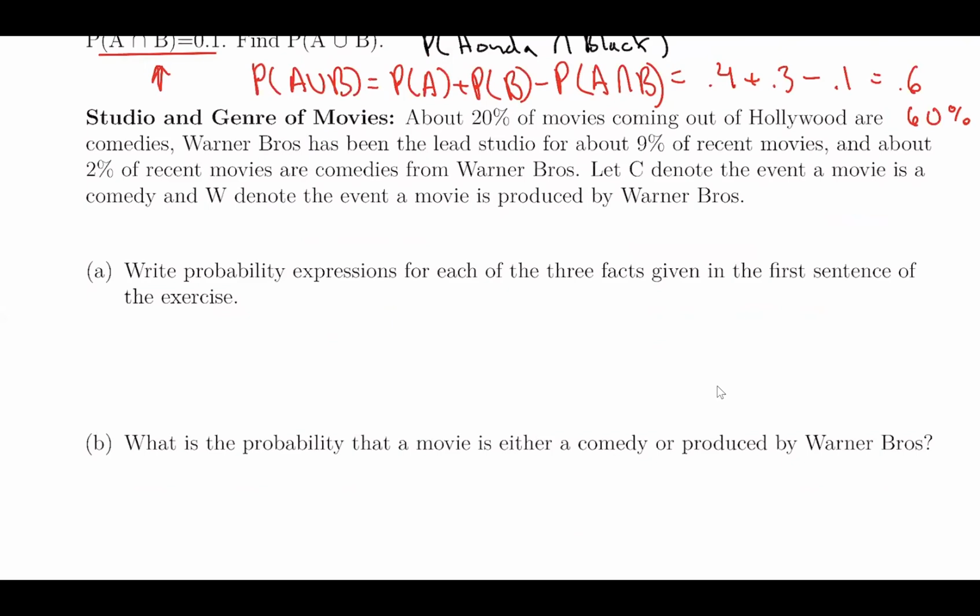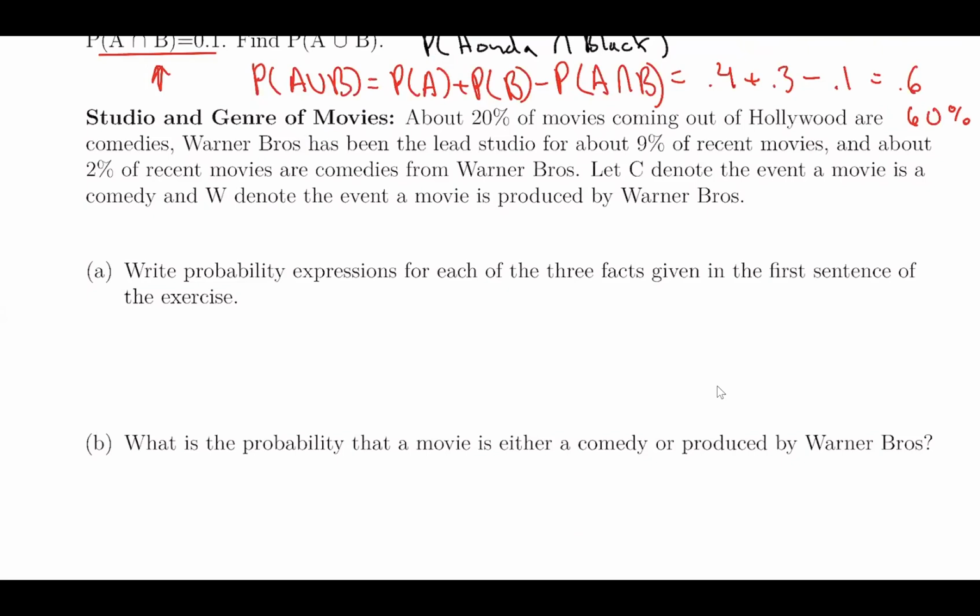All right, so let's look at this problem. It says about 20% of movies coming out of Hollywood are comedies. Warner Brothers has been the lead studio for about 9% of recent movies, and about 2% of recent movies are comedies from Warner Brothers.